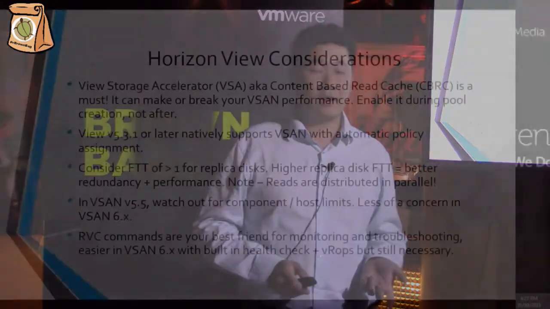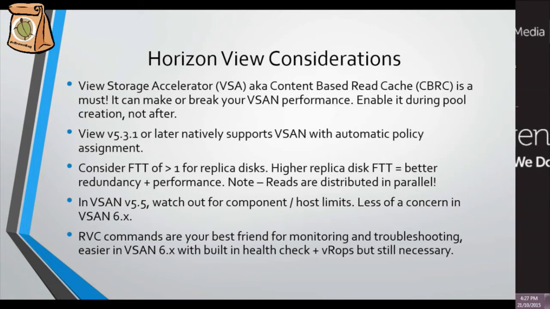Third important one, which I think a lot of people don't understand or recognize, is to consider using an FTT of more than one for your replica disk if you're running linked clones. Understand the majority of View deployments run linked clones in one shape or form, whether it's persistent or non-persistent, which relies heavily on replica disks.